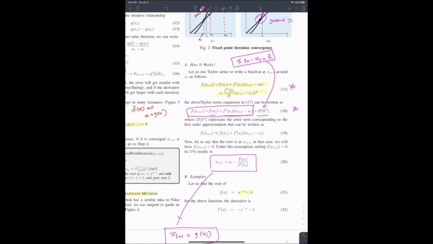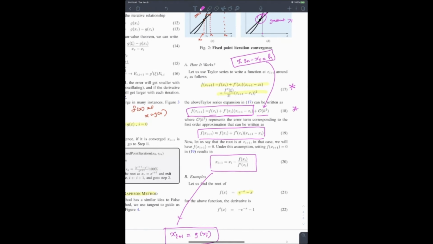Now, if you forget about the order of h squared, this becomes an approximation. What I show in equation 19 is an approximation. Up to equation 19, we did that. Actually, we even derived a formula for f'(x_i), which is f(x_{i+1}) - f(x_i) over h, in the previous lecture.